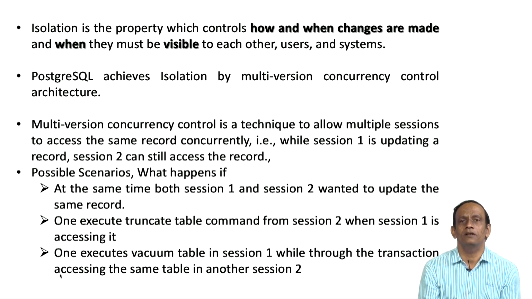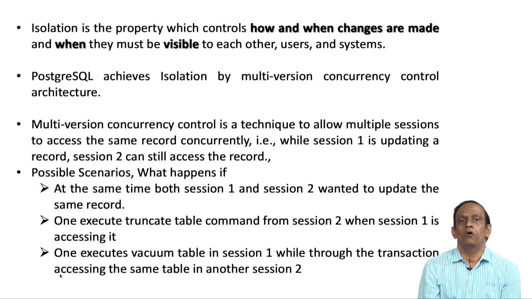For example, there is a session 1 which is updating a record. I want session 2 to still have access to the record. Now, let us understand a few scenarios. What happens if at the same time both session 1 and session 2 want to update the same record?